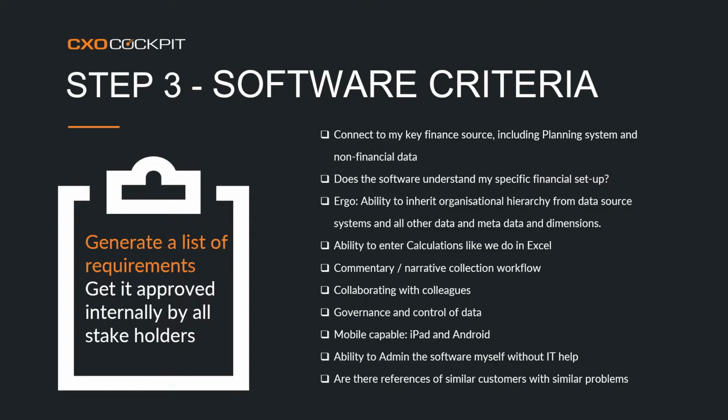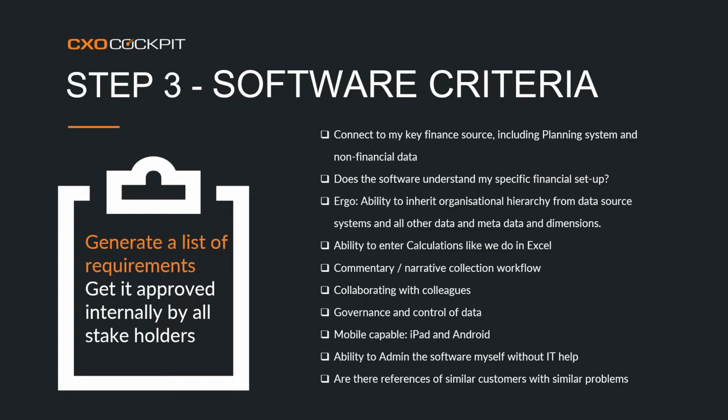You want to also think about whether the system that you intend to use, if you look at the fourth one down, has the ability to enter calculations. My example in a few moments will take you through how our system can actually handle creating calculations. You want to be able to add commentary or narrative, so you want to not only have the data, but to be able to explain, why is there a variance?